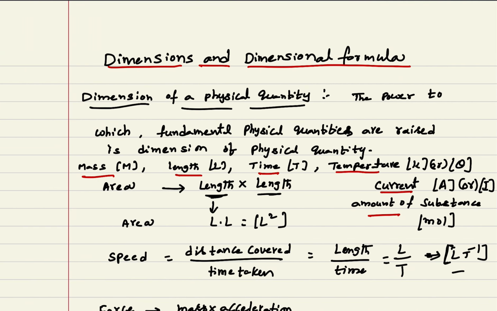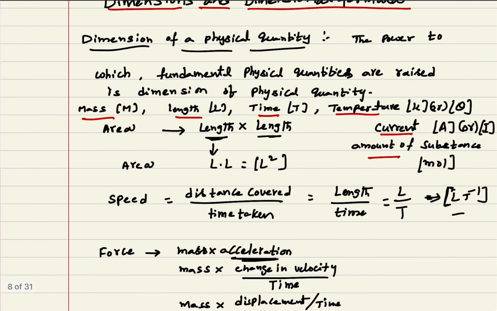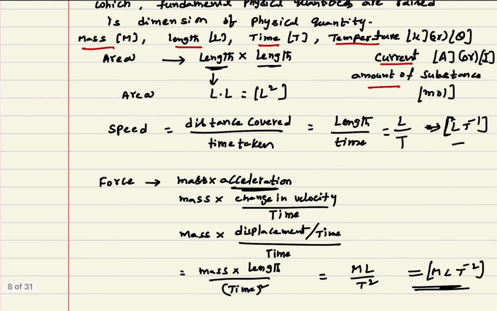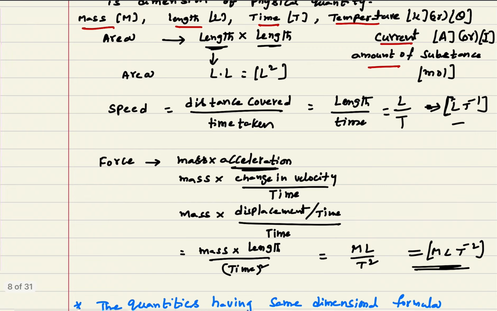Again I am telling you the meaning of dimensions. The power to which the fundamental physical quantities are raised is the dimension of any physical quantity. Generally we write in terms of the fundamental physical quantities: mass, length, time, temperature, current, amount of substance, and luminous intensity. We are not writing luminous intensity here; the remaining ones I have written.